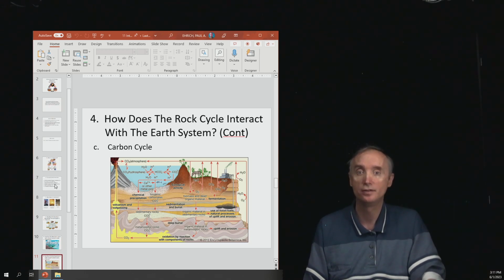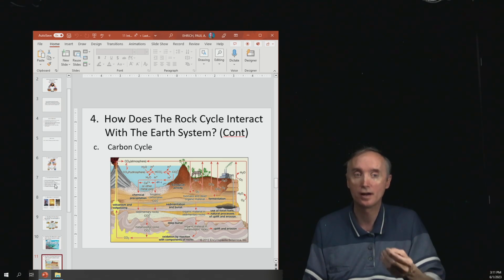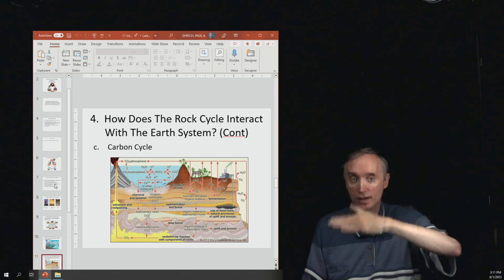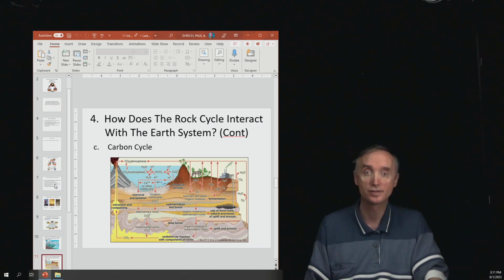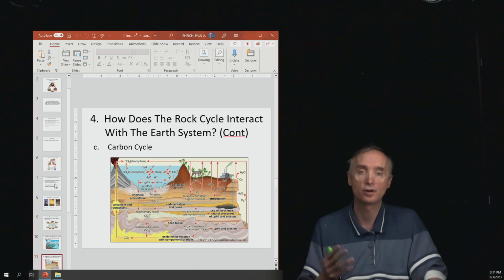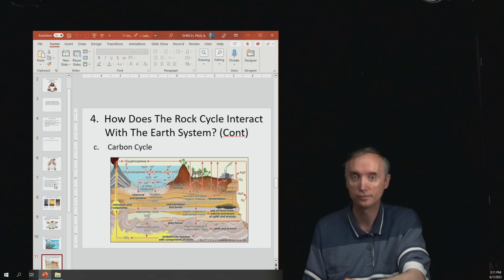We also said that carbon dioxide could be absorbed by a plant, and then when the plant dies, it could make coal. So that's another sedimentary rock. So the carbon cycle is involved in the making of rocks.